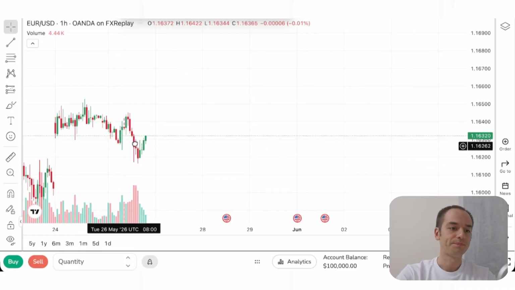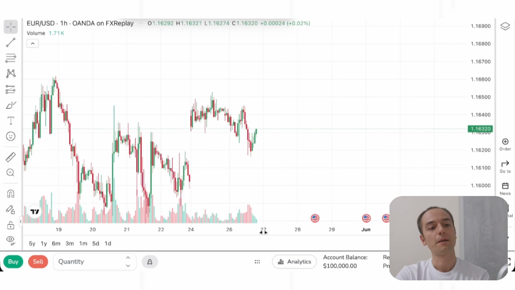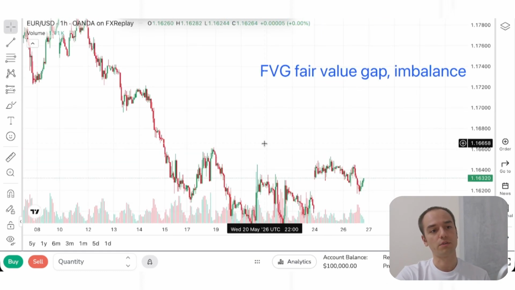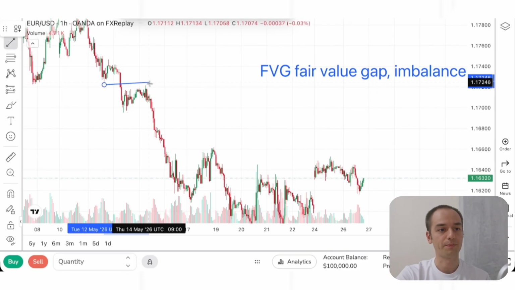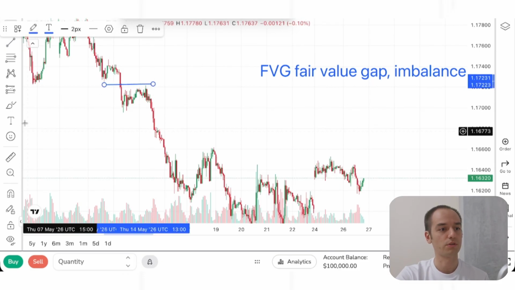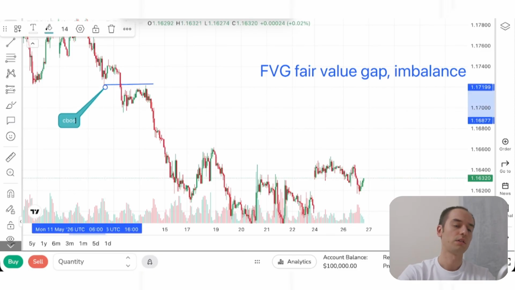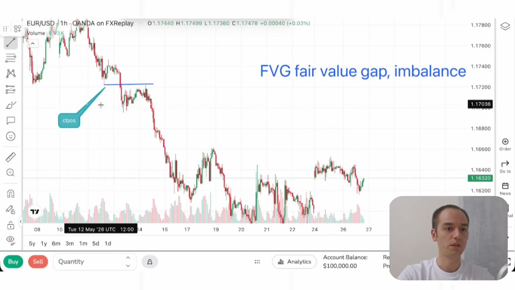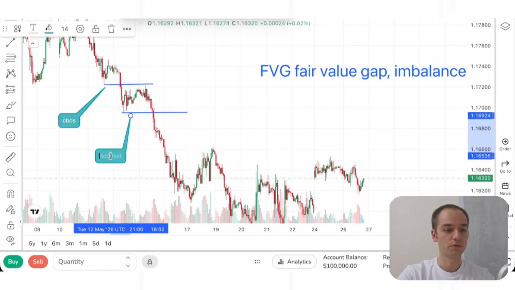So, let's go. Let's see what examples we have here. Overall, we see a very clear down movement. We have our CBOS here, CBOS here.